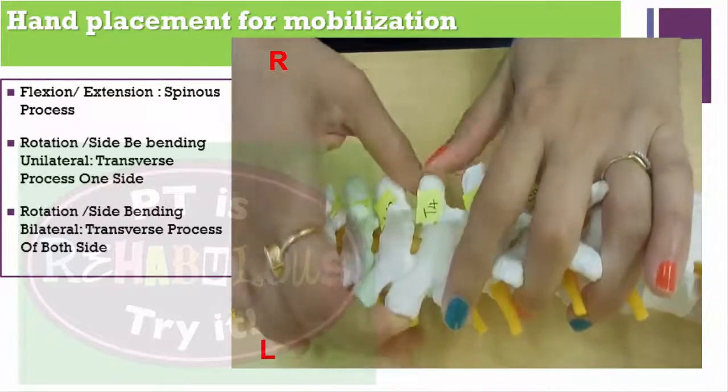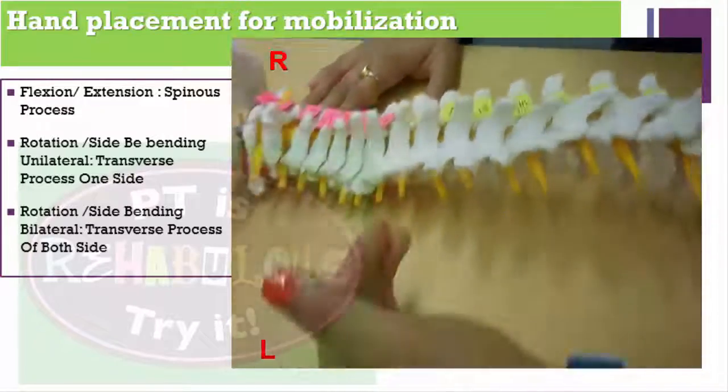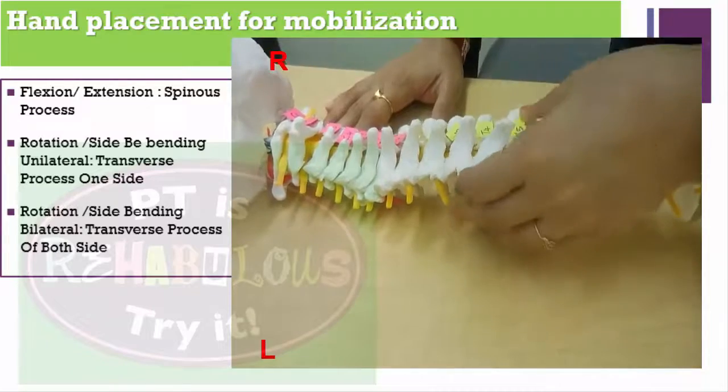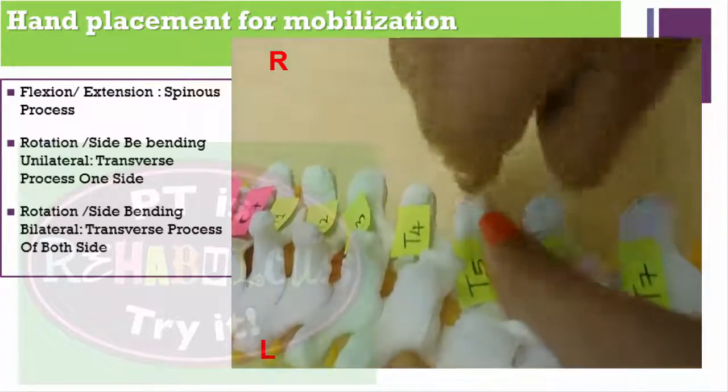And if I want to do it on the right side, I need to come here and stand on this side, and then mobilize this way, so your rotation will occur towards the right side.